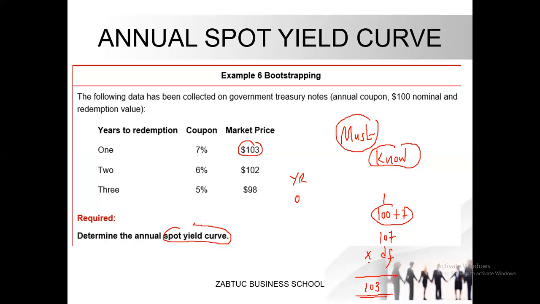Let's just focus on the first one alone. So the meaning of this bond here is there's a bond whose market value is 103. The coupon rate is 7.